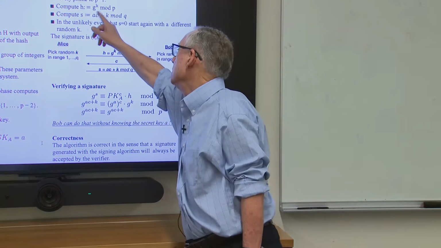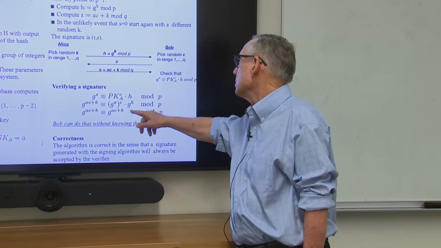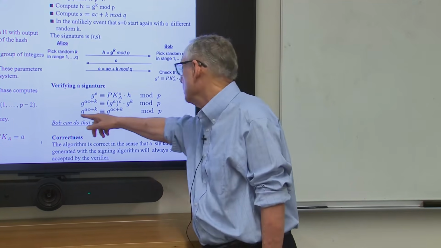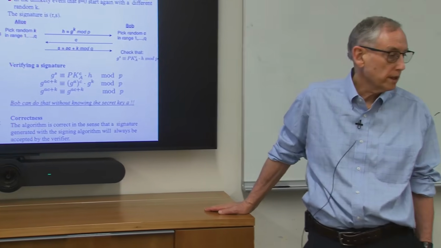Alice signed it as H equals G to the K. So Bob knows that too. And so you can now almost trivially see that these two objects are equal to each other.